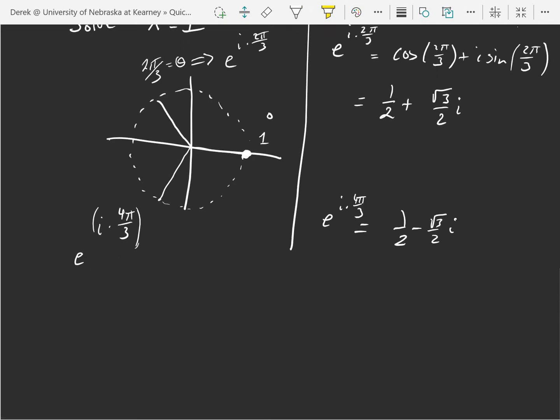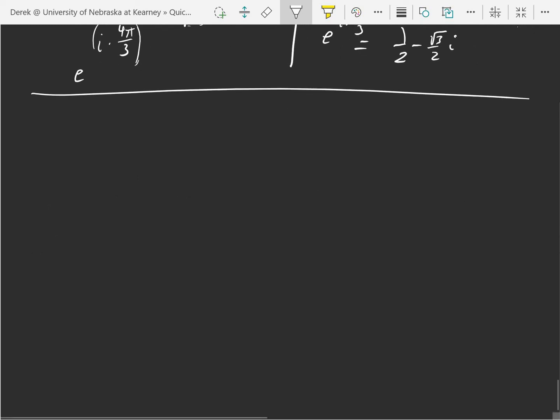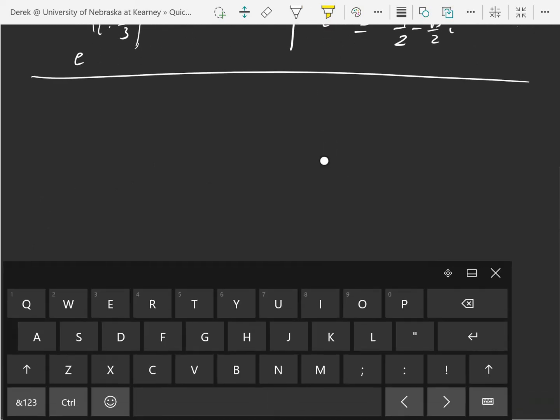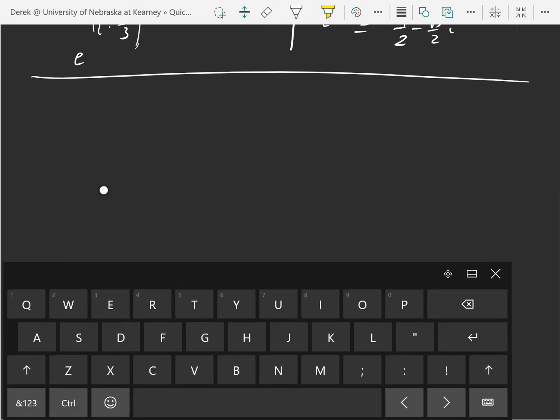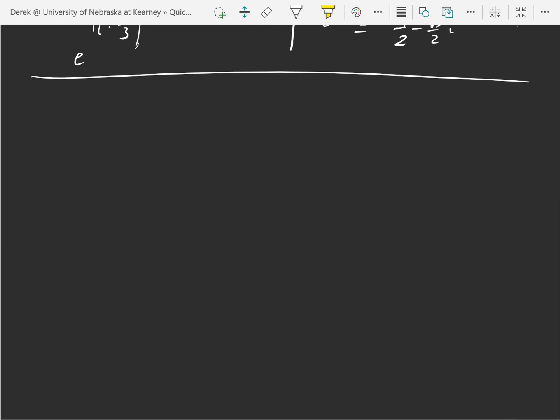Okay. So this idea of angle rotation is pretty powerful. So let's see how this works. Here's an application for it that we'll use tomorrow.